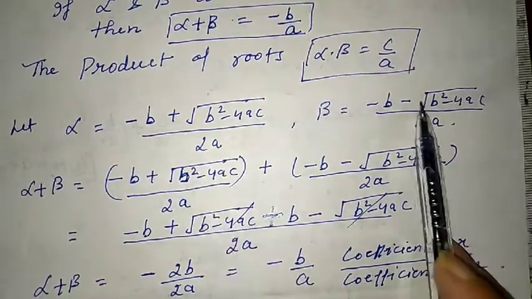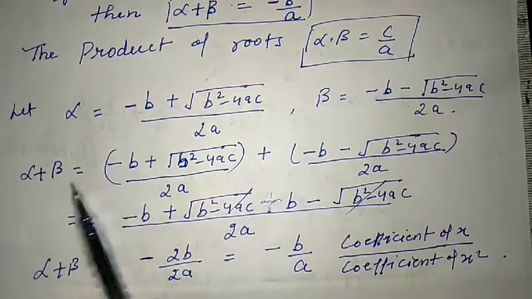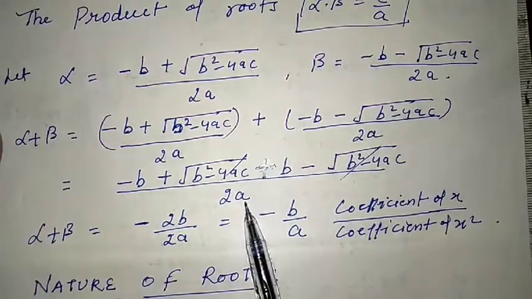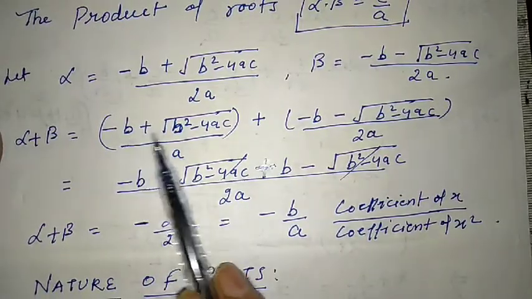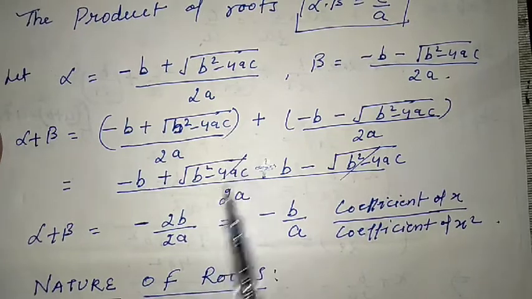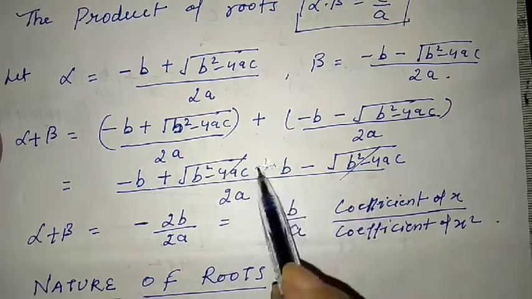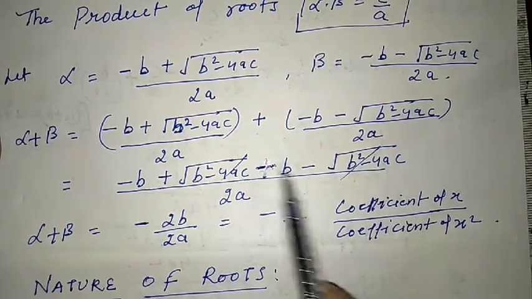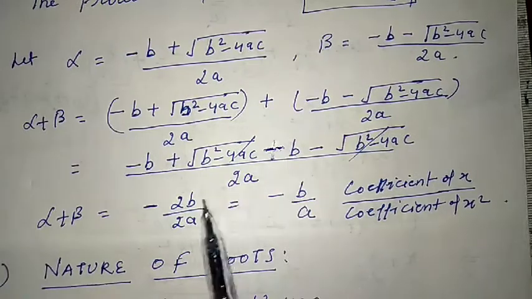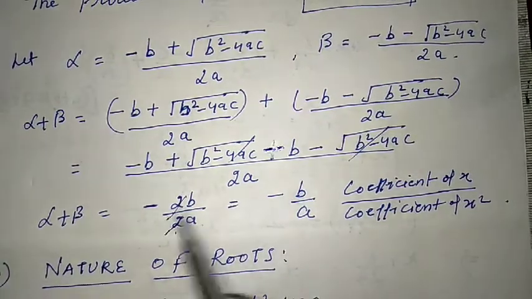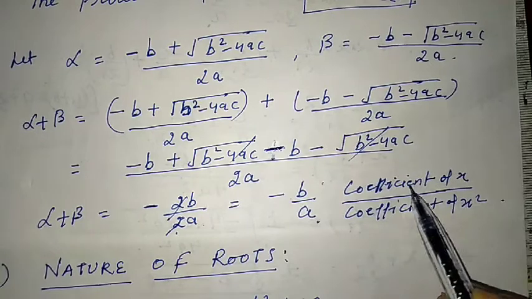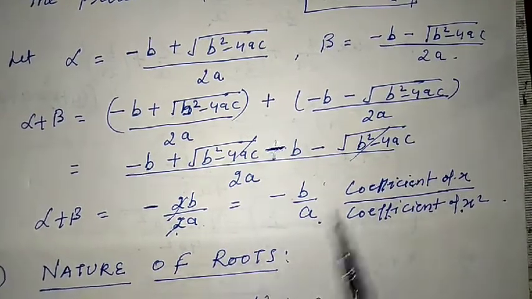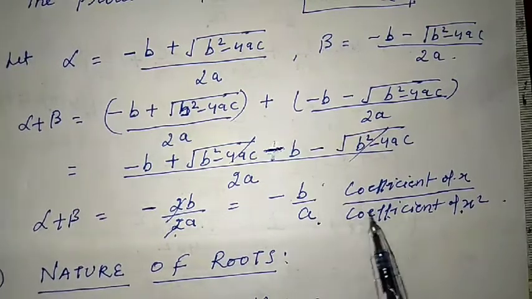To find their sum, we take the common denominator, and the square root terms cancel out. This becomes minus 2b upon 2a, and cancelling the 2 we get minus b upon a, that is the coefficient of x upon the coefficient of x square.